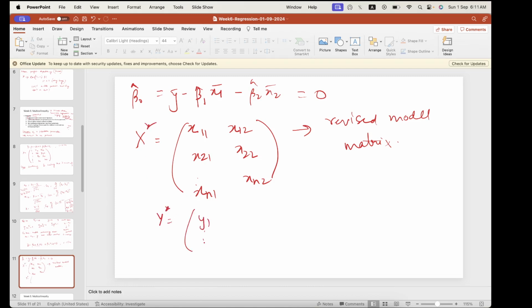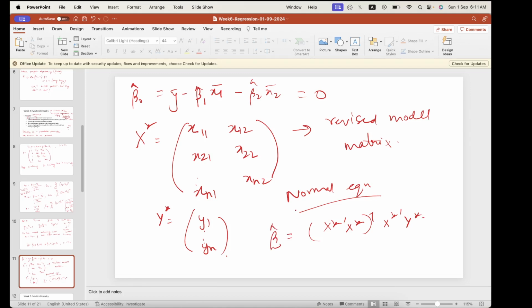Y would be y1 to yn. Then we'll have our normal equation as x star prime x star inverse x star prime y star. That would give me beta hat.